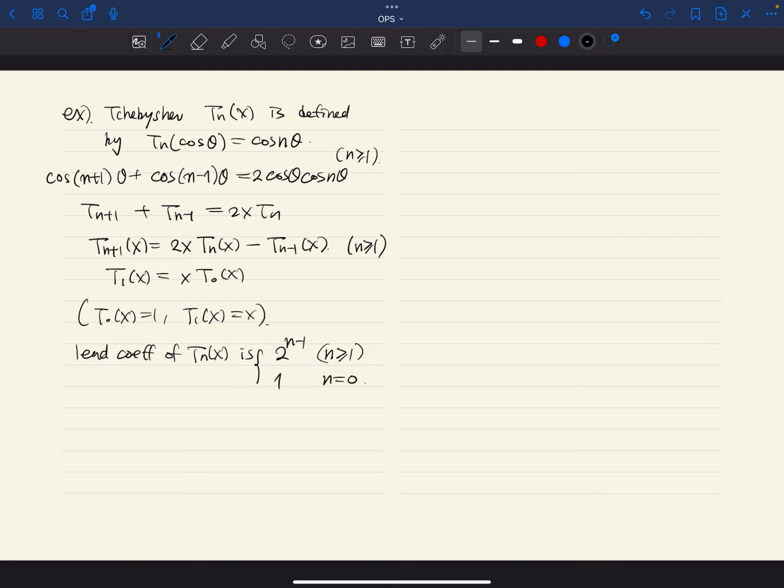That means we can make it monic by defining T hat n(x) to be 2 to the 1 minus n times Tn(x) if n is greater than or equal to 1, and just Tn if n is 0, which is 1 in this case.